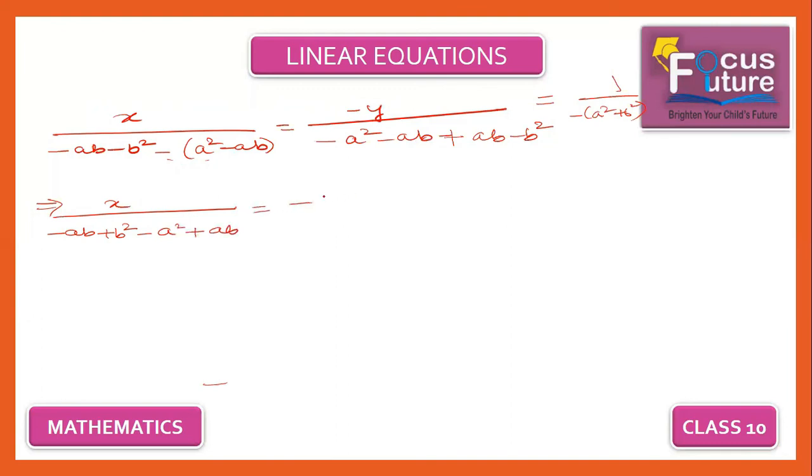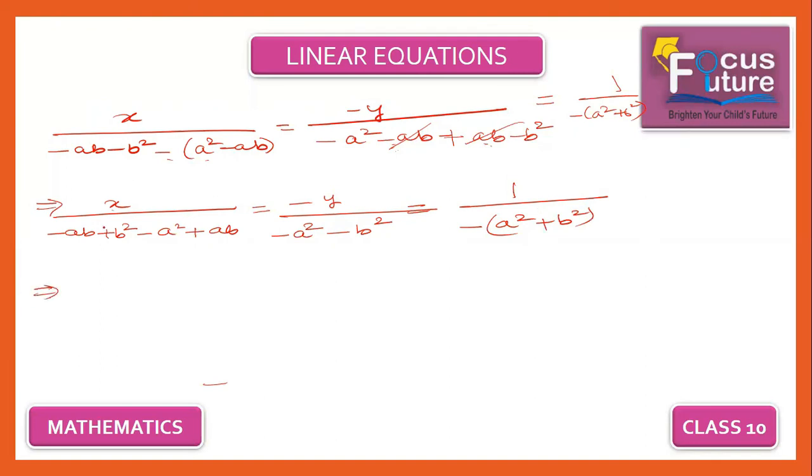is equal to minus y divided by minus a square ab minus, here it is minus, here it is plus, at one place there is minus and at one place plus, it will cancel. So you are left with minus ab, a square minus b square equal to 1 divided by minus a square minus b square, plus the minus you took outside.